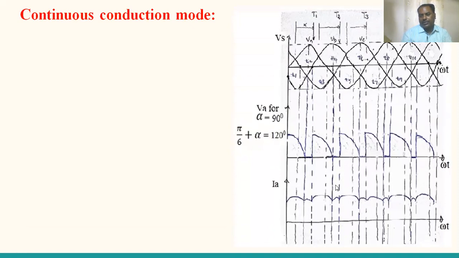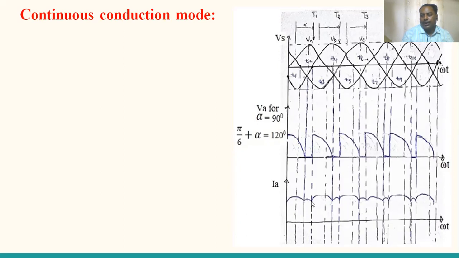From 120 to 210, thyristor T1 and diode D3 will be conducting, where Vo is equal to Vs. At omega t equal to 210 degrees, thyristor T1 turns off automatically due to natural commutation, the reverse voltage being applied across T1. So it goes to the off state. Then over a span of 30 degrees, the freewheeling diode conducts, and this makes the current continuous.